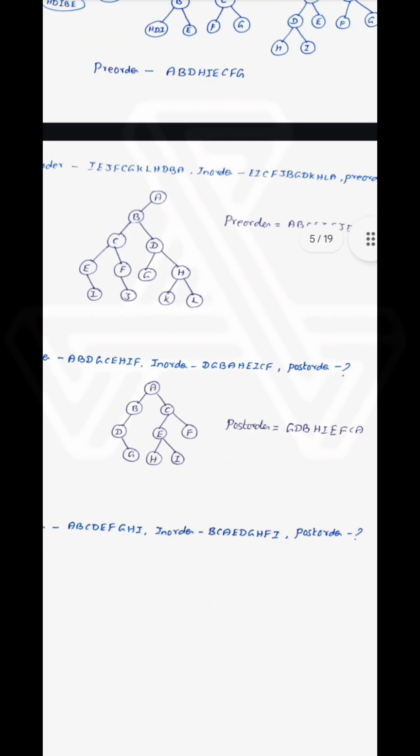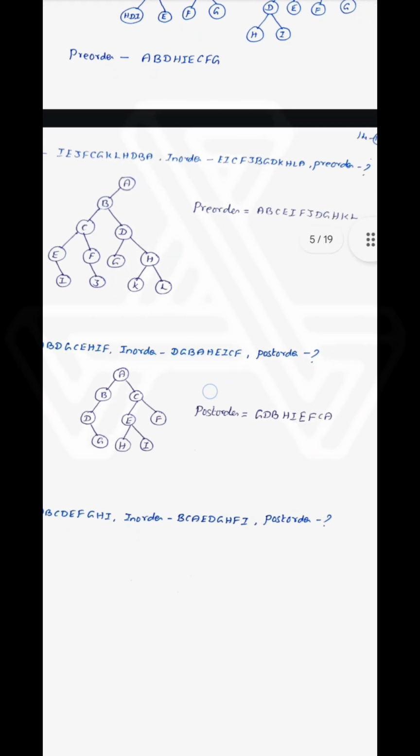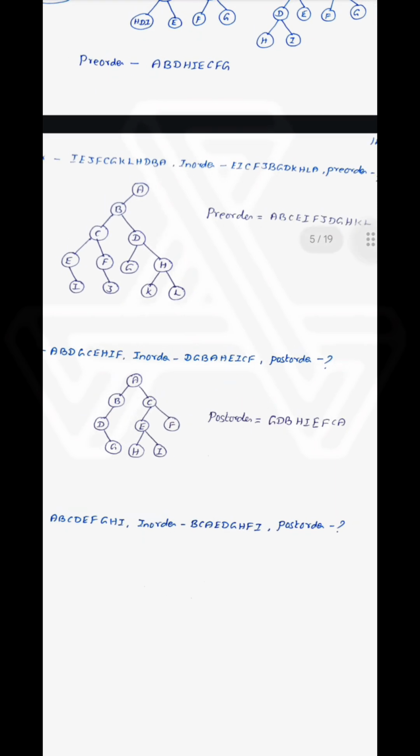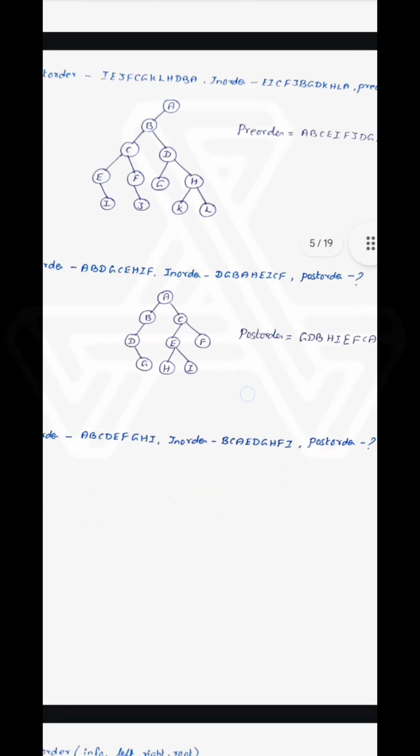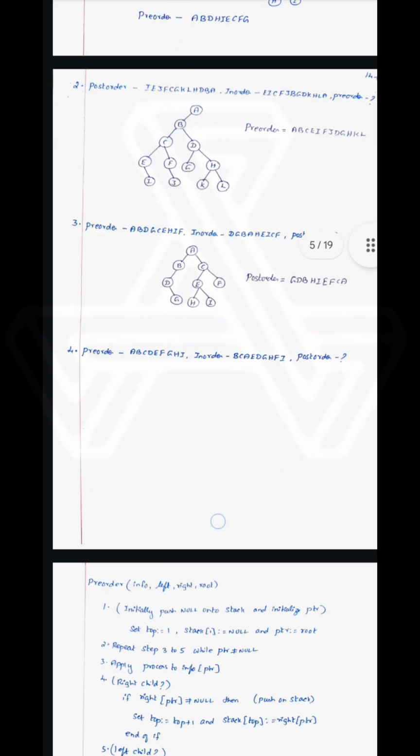Then we are taking it as K. After K there is G. Where is G? It is in between B and D, so we put it there. Then there is C. Where is C? In inorder traversal it is left side of B, and so on will be done.